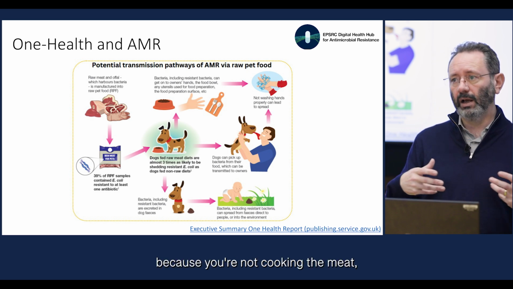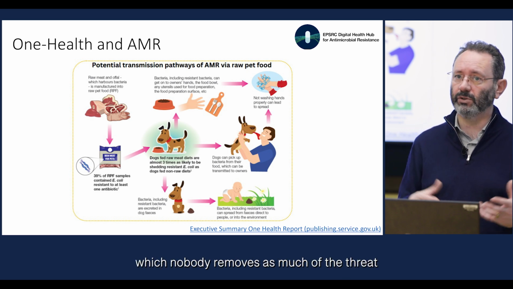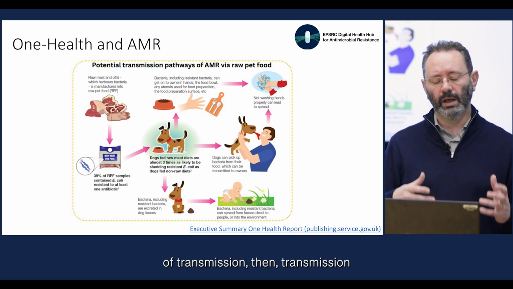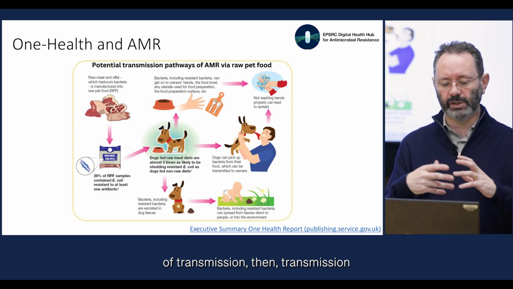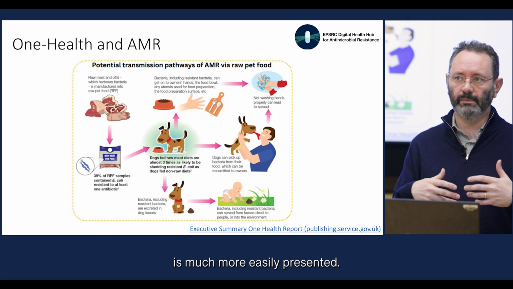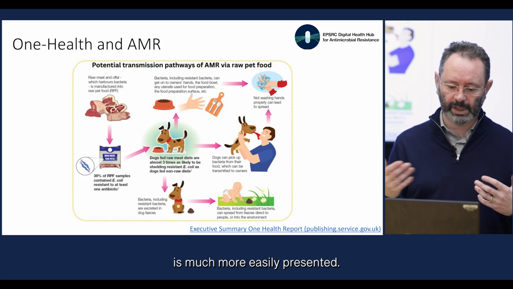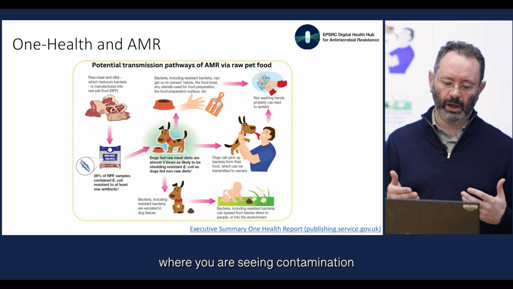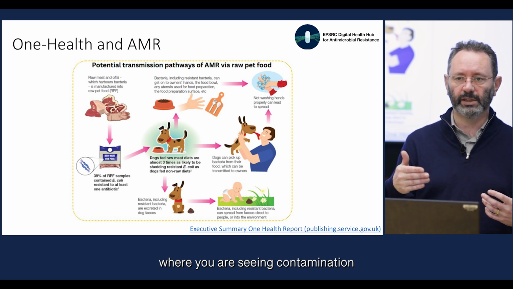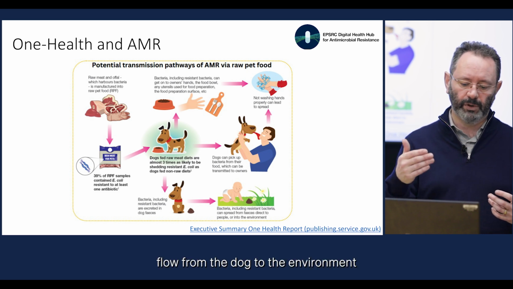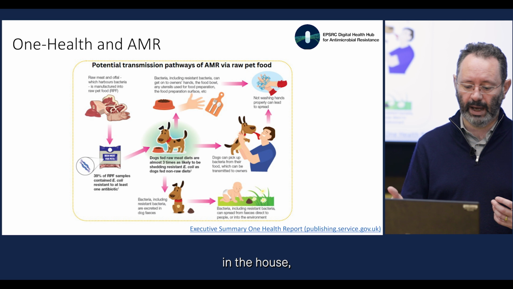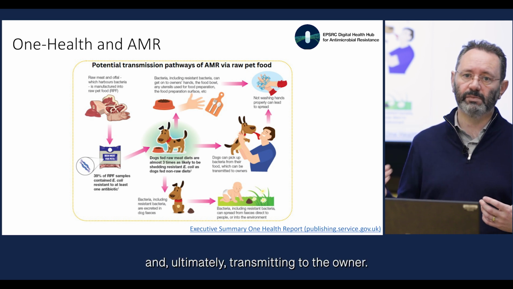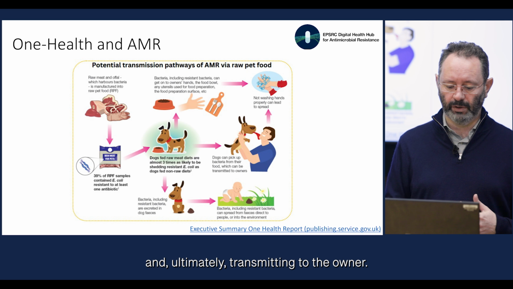And then because you're not cooking the meat, which normally removes much of the threat of transmission, transmission is much more easily presented, and there's a number of different routes where you are seeing contamination flow from the dog to the environment in the house, to the environment outside, and ultimately transmitting to the owner.